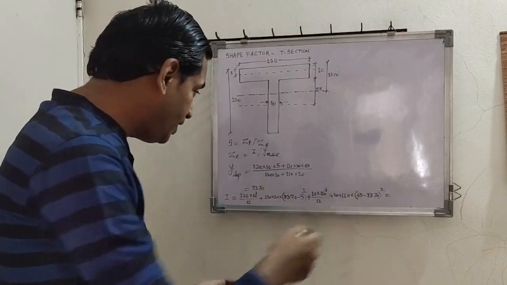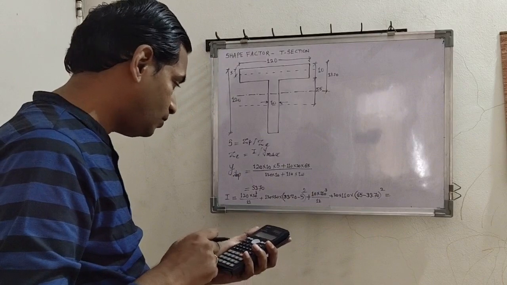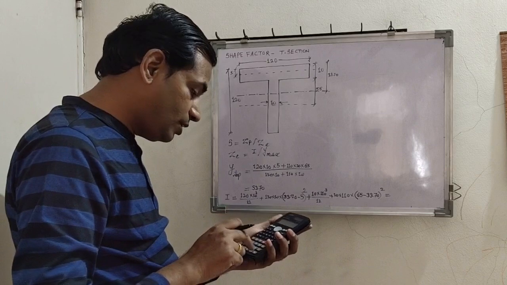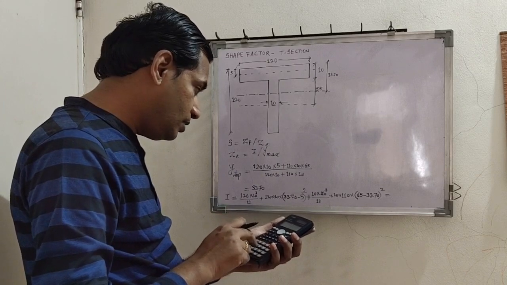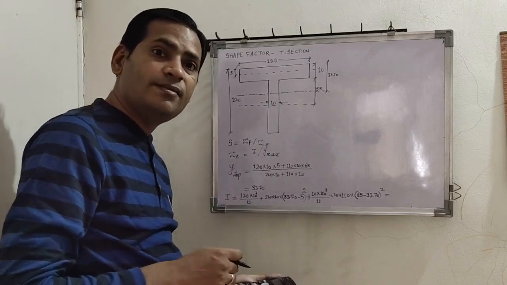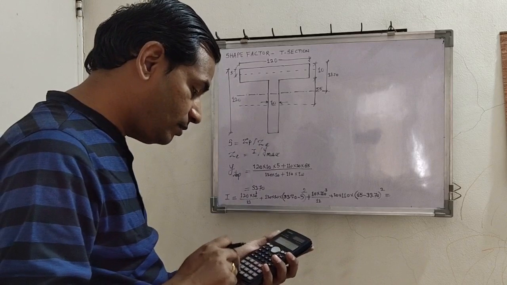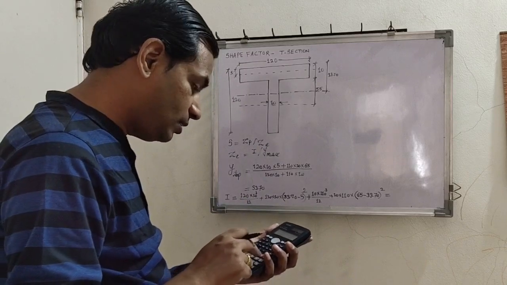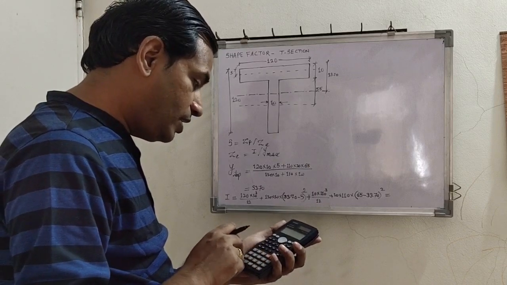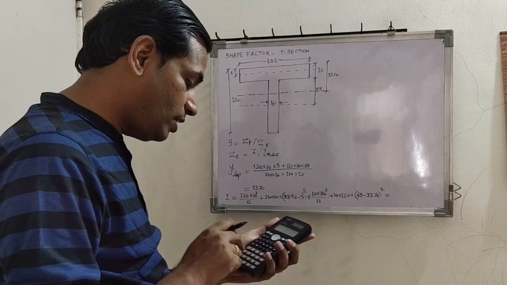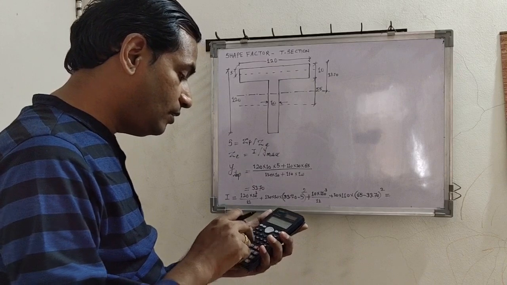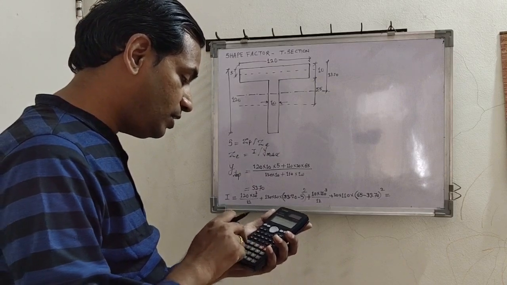T section. Now we will calculate this quickly. So 120 into 10 cube upon 12 plus 120 into 10 into 33.7 minus 5 is 28.7 square, plus 10 into 110 cube upon 12 plus 10 into 110 into 65 minus 33.7 square.